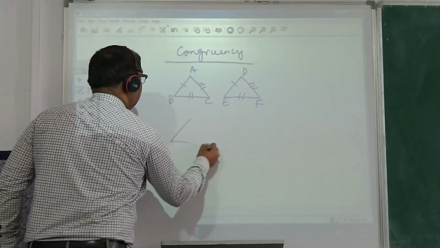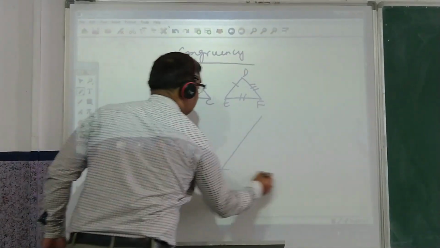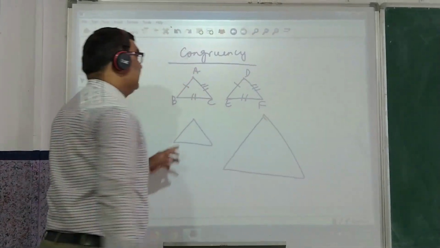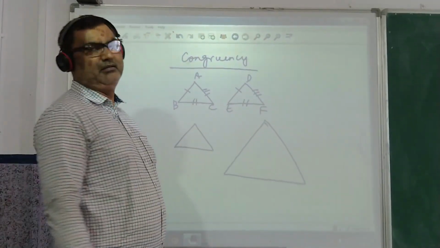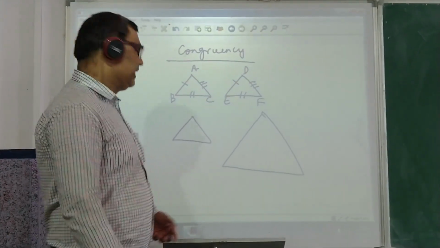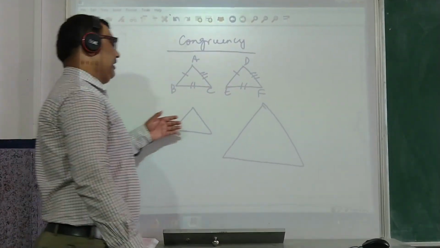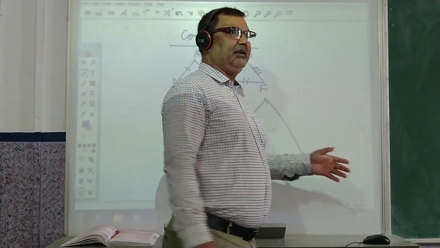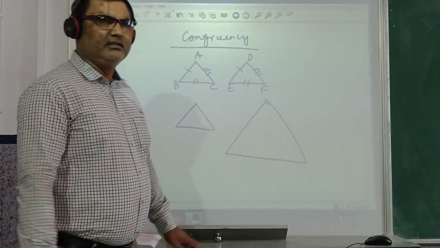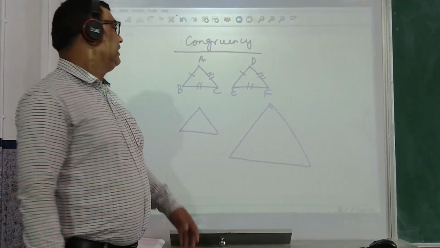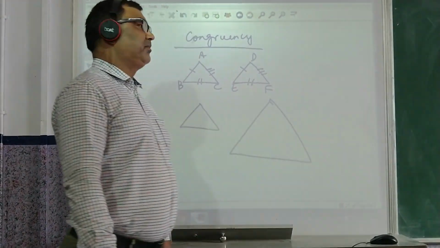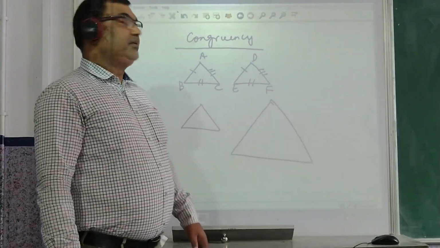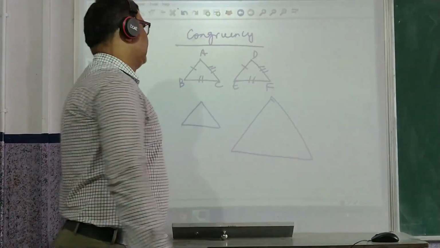This triangle and this triangle are not congruent, but they may be similar. Why similar? Because both of them have the same shape and they are satisfying the criteria. That's why you can say they are not congruent. Congruent means they occupy one another.